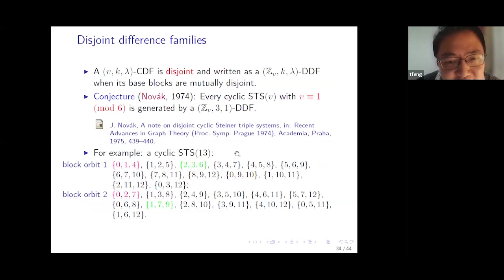For example, in our slides, we can think X1 is 014, X2 is 027. These two sets intersect, so we want to give a translation of these two sets. So X1 plus 2 is this blue one, and X2 plus some number is this blue one.